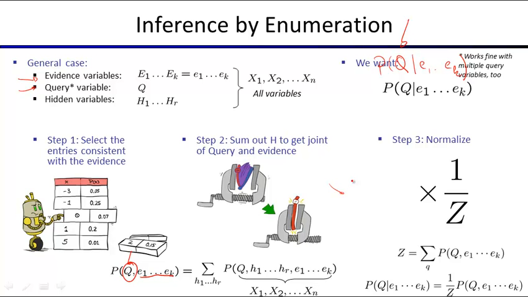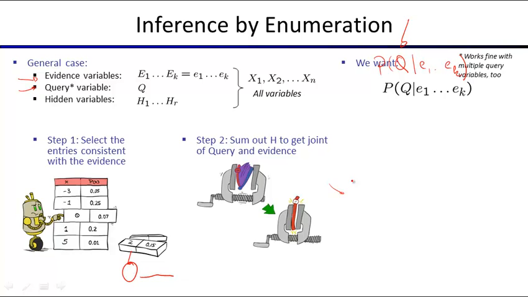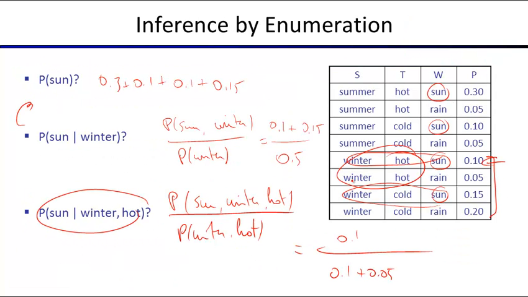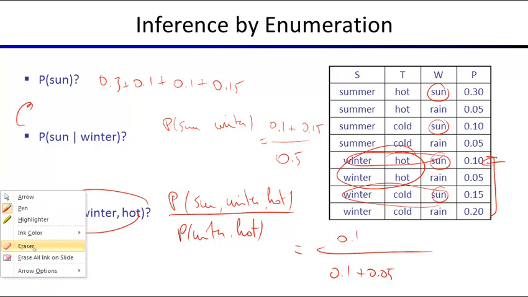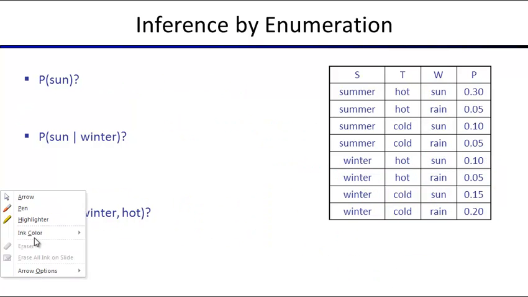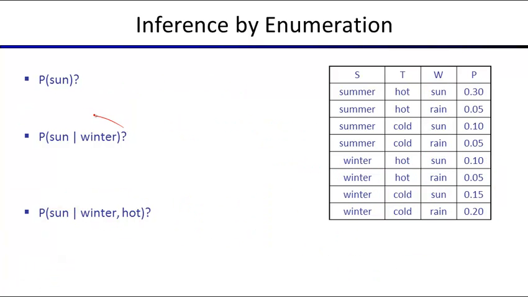To do this mechanically on the example we had here, let's do one of these according to the inference by enumeration mechanical procedure. Let's do this one. Sun given winter. What's the mechanical procedure? Pick everything consistent with winter, take it out of that table and retain it. That's this part here.